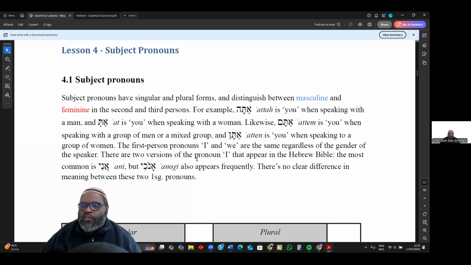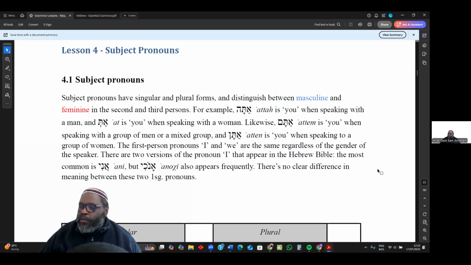There are two versions of the pronoun I that appear in the Hebrew Bible. The first, common one is ani, and the second one is aniki, which also appears frequently. There's no clear difference in meaning between these two.